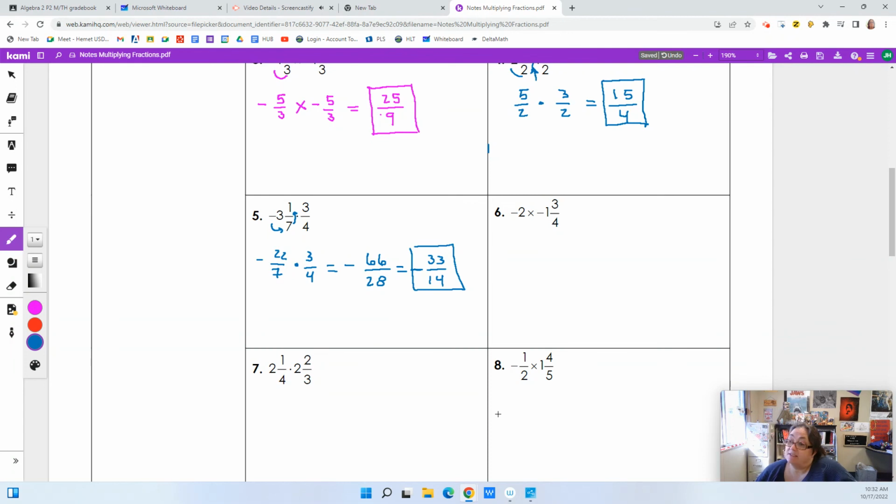Number 6, positive or negative? Positive, yeah, we have a negative times a negative. Remember that this is the same as 2 over 1. So we're going to, oops, I wrote 2. I said 1 and I wrote 2.